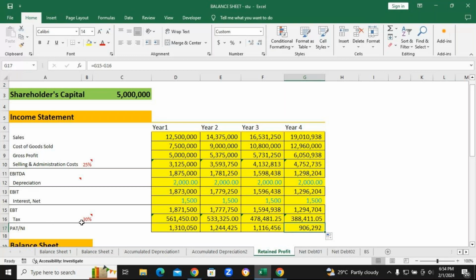What they are telling is tax rate is 30% of the earning before tax. So EBT, earning before tax, what I have given here, that is EBIT minus the interest, that will be my EBT. On that they are telling 30% of tax needs to be applied. So this one will be EBT into 30%. Okay, thank you, ma'am. Yes.